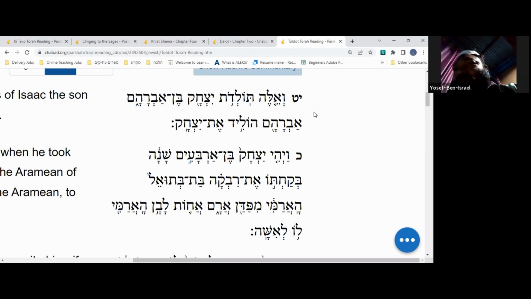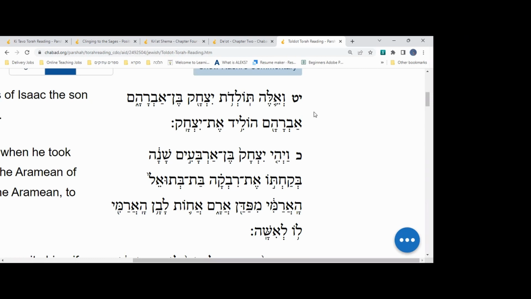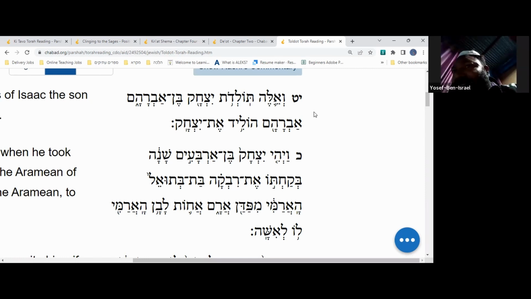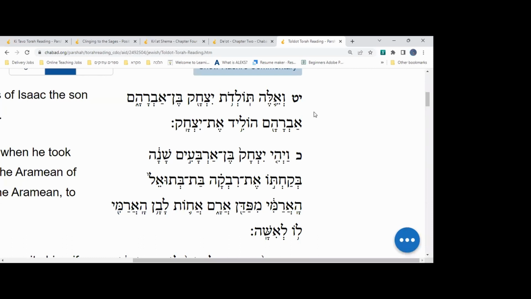In English, they usually call this cantillation marks. You don't need to know how to spell it, but cantillation refers to singing or chanting, and marks just refers to the fact that it's a symbol.